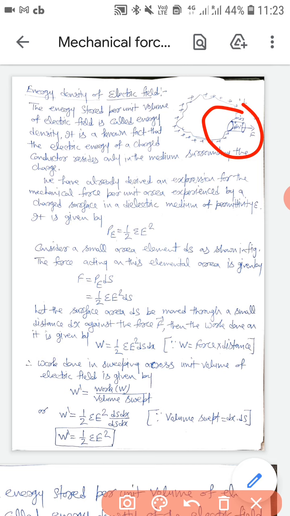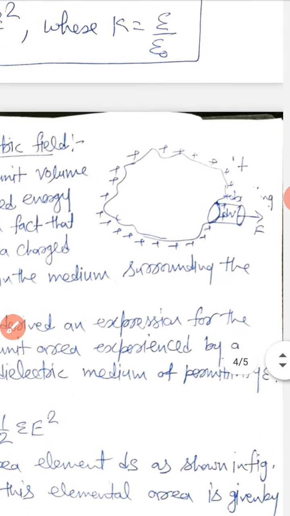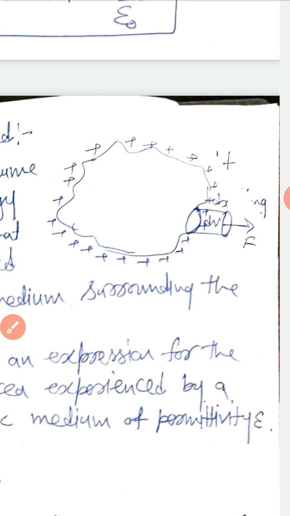Now let the surface area ds be moved through a small distance dx against the force F, then the work done on it is given by the following, because there is a force acting on this area. Suppose this area has shifted by a small distance dx, from this position to this position.